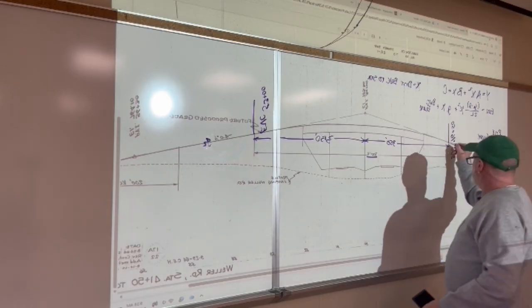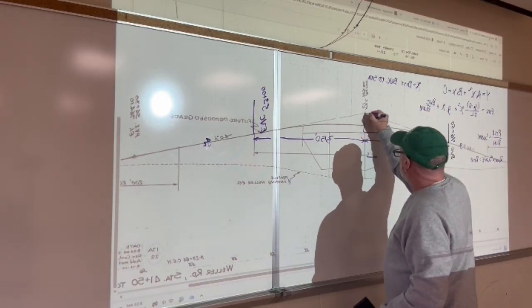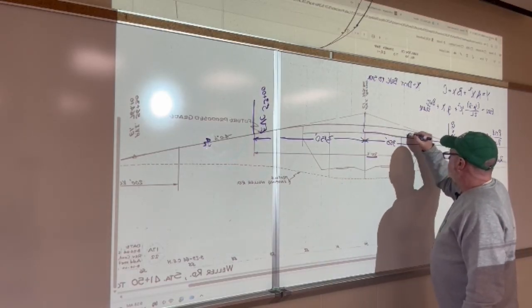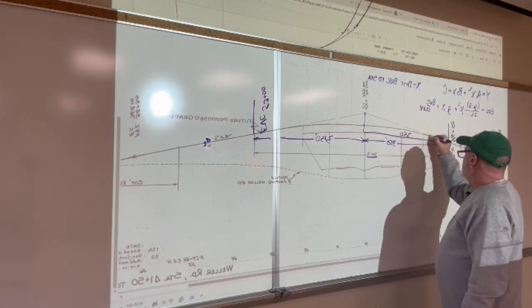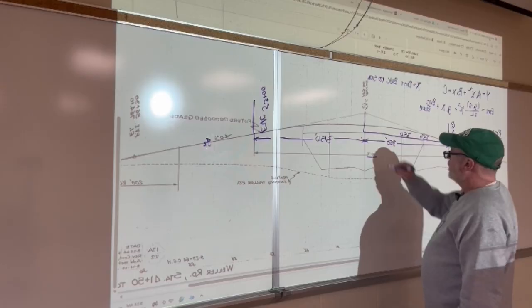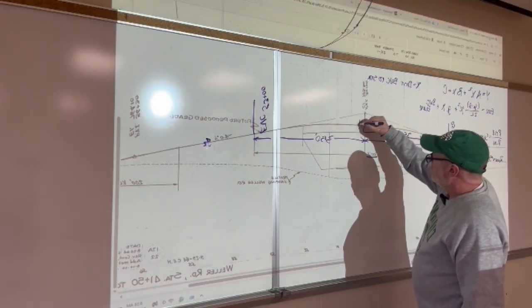And just real quick, we know this is 350. We have our 4%. We just found the rise, which is 14 feet.